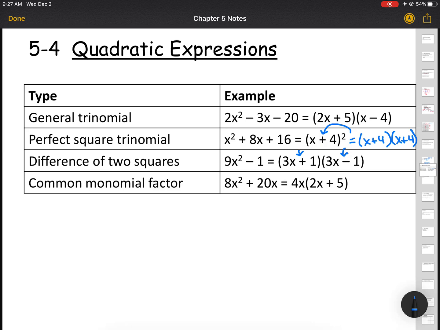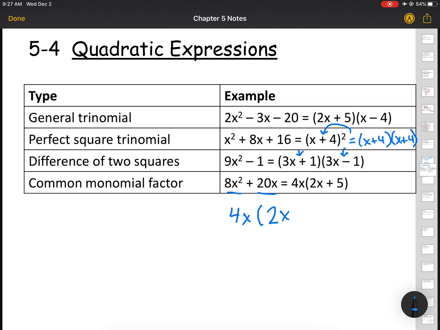All this does is we look at both of our terms and see what's common, or what we could pull out of both of those terms. Well, 8 and 20 both share a factor of 4, so we could pull that out, and they both have at least one x, so we could pull that out as well. To fill out what was left of those factors, 8 divided by 4 was 2, and we took away one of the x's, because there were only two of them.